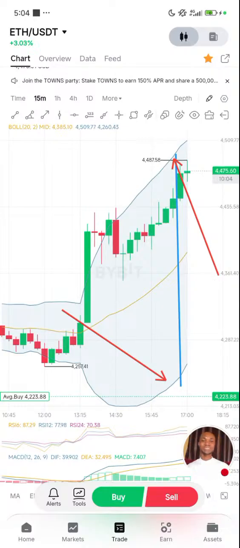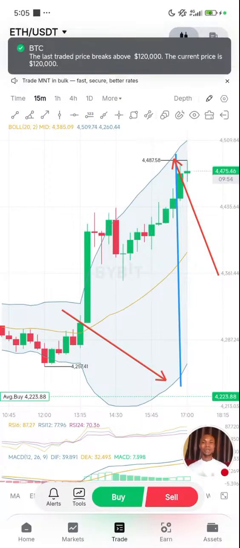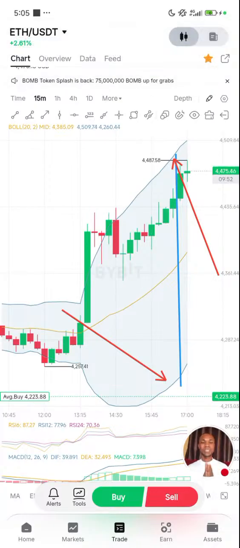Market resistance means that a lot of people are withdrawing their money. And if you see the notification that I just got now, once people are withdrawing their money, they are taking it elsewhere. Is it that they are taking it to Bitcoin or to another coin? That's the life of traders.